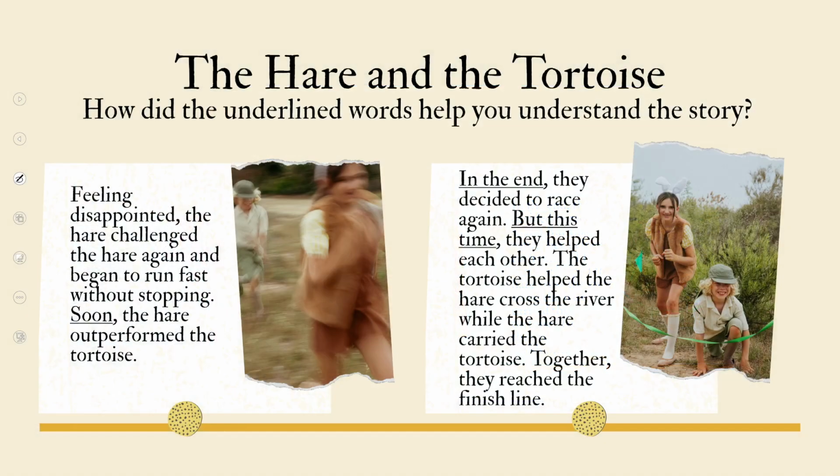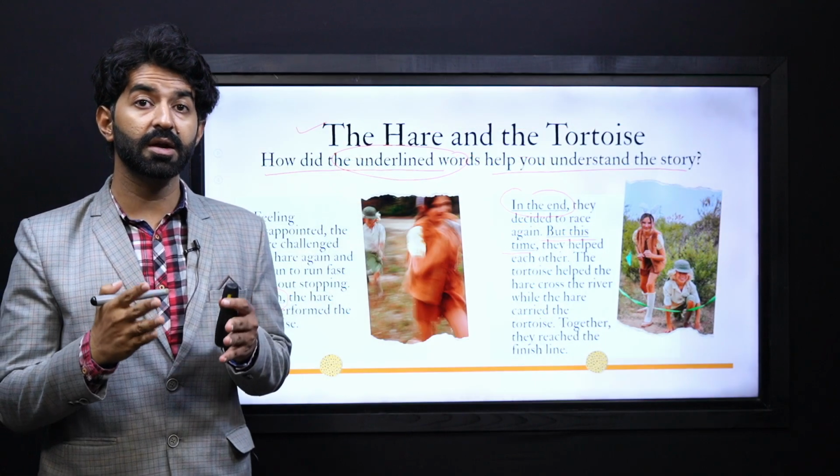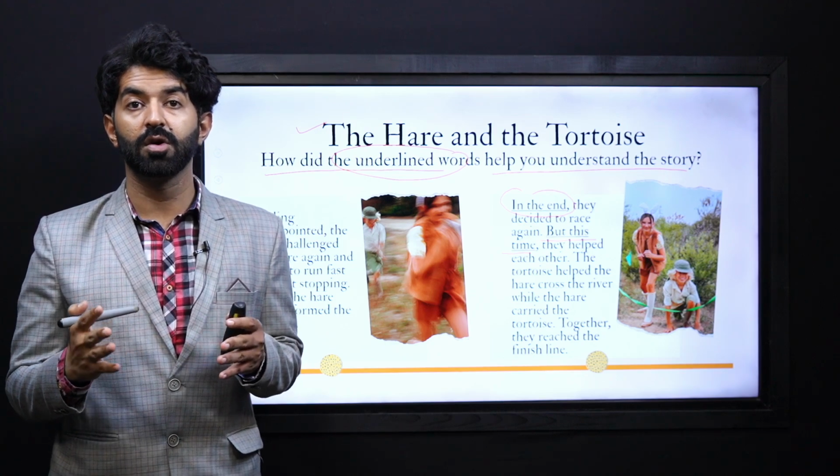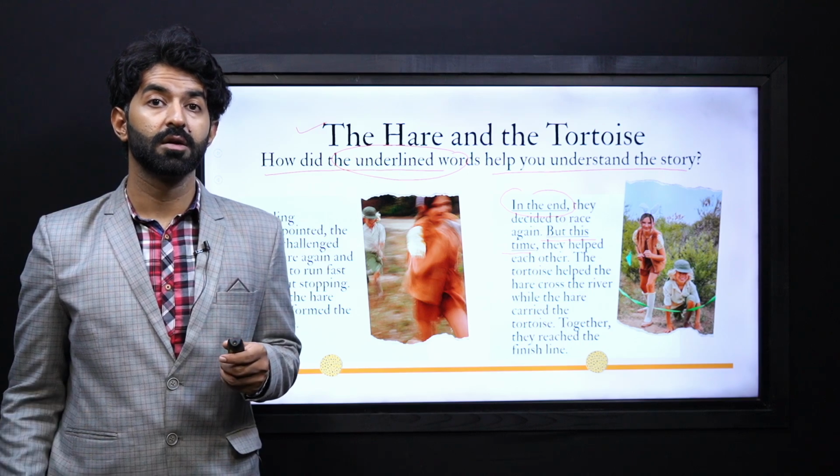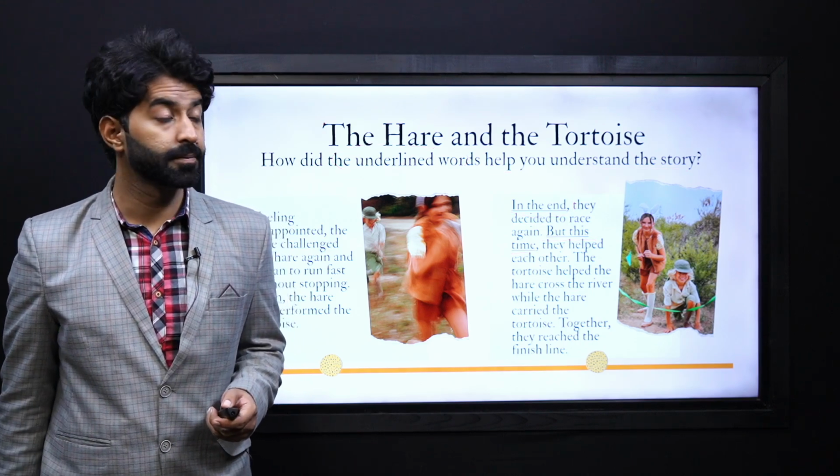Now, for the hare and the tortoise story, how did the underlined words help you understand the story? So all these underlined words are our transitional words. They are telling you a sequence, a very good organization of events in a very smooth and chronological order.